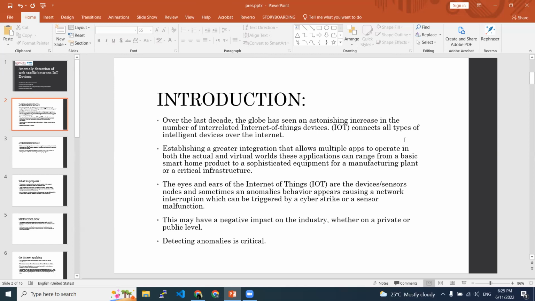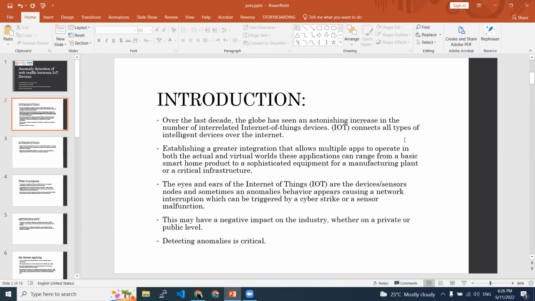The eyes and the ears of the Internet of Things are the devices, sensors, those nodes, and sometimes anomalous behaviors appear, causing network interruptions, which can be triggered by a cyber strike or sensor modification. This may have a negative impact on the industry, whether on a private or a public level.